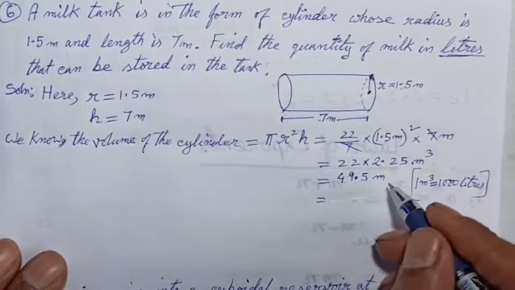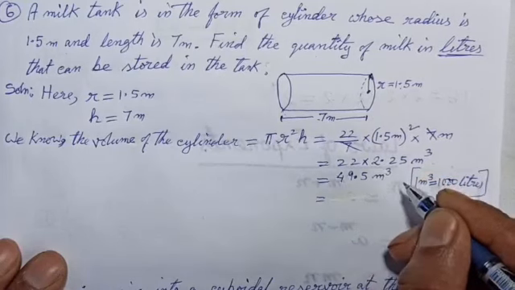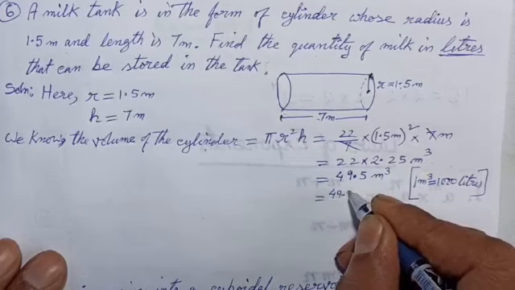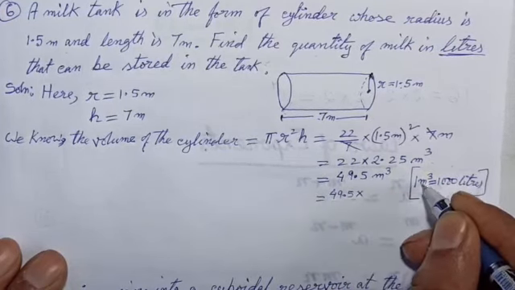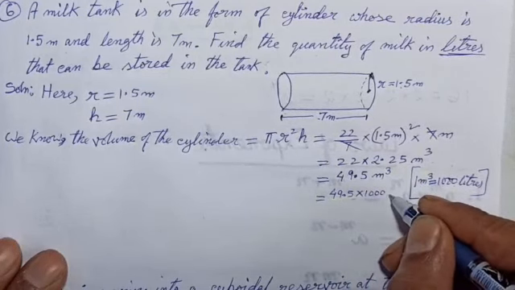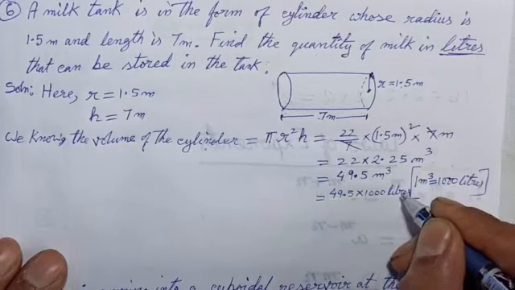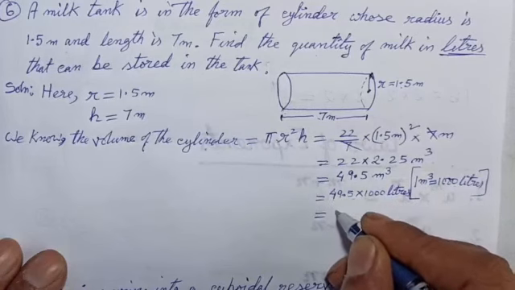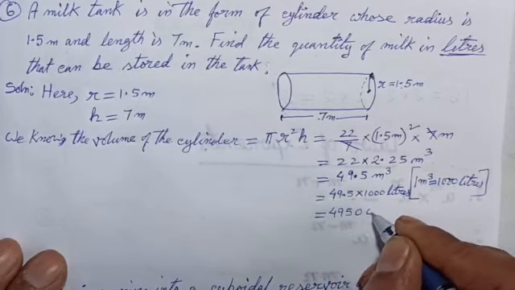Then this is meter cube, and 49.5, to convert this into liter we need to multiply by 1000, and this is now liters. If we multiply these two, then we are getting 495000.